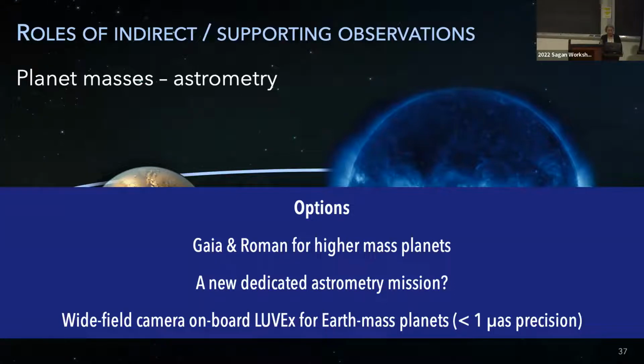And then there's the possibility of new dedicated astrometry missions, and there are a few talks about that coming up next. And then finally, basically, in the last resort, the LUVOIR team incorporated a high precision astrometry mode into the onboard wide field imaging camera, which is primarily aimed at astrophysics studies, but has this important application as well. But a lot of work will have to be done in the coming years to determine what's the best path here.